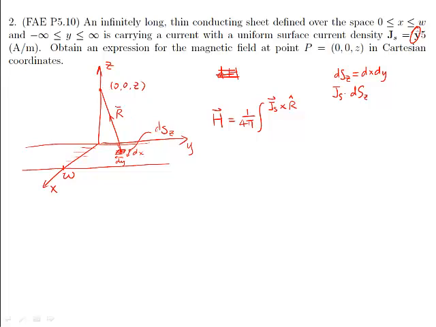So this is the r vector, and r hat basically means the unit vector of it, over r squared, now r being the magnitude of this r vector, or in other words the distance between the source and the observation point, integrated over the surface ds, which is essentially this.